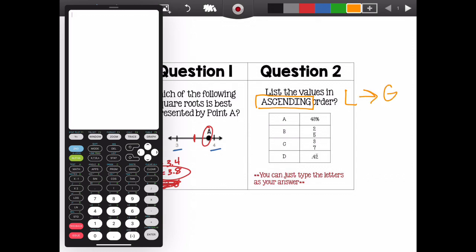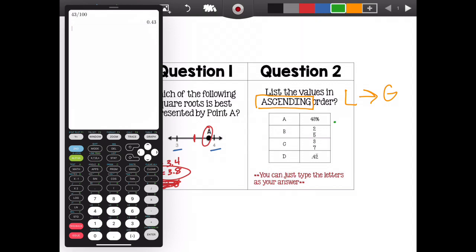All right, guys, so first let's use our calculator, change these all to decimal form, and then we can order them. So 43%, percentages are out of 100. So we can take 43 divided by 100, and I get 43/100ths. Actually, I'm going to put this to the side a little bit.